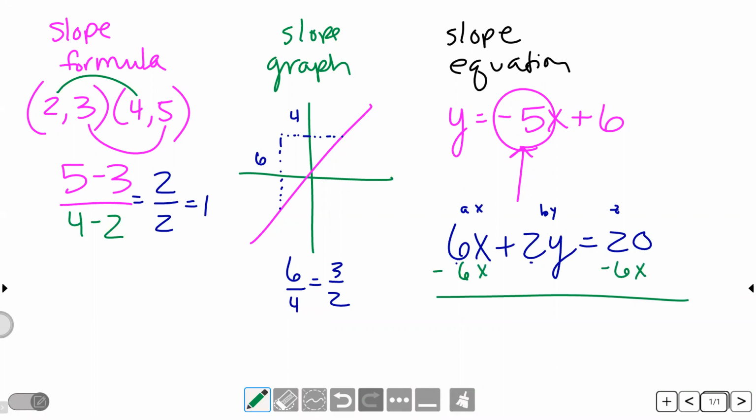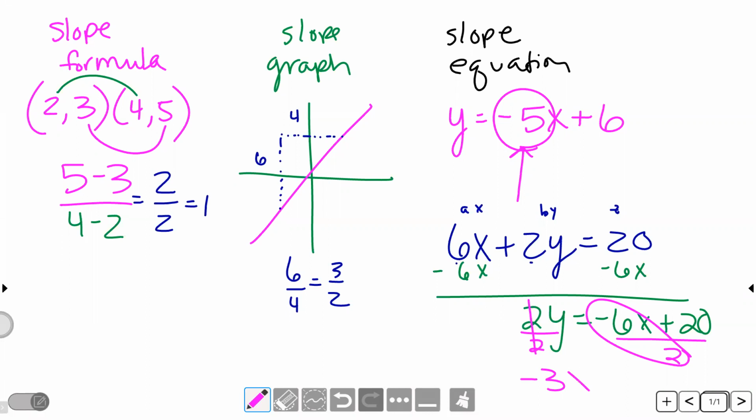So your new equation is 2y equals negative 6x plus 20. And then you have to divide everybody by 2. So those cancel. 6 divided by 2 is negative 3. 20 divided by 2 is positive 10. But who cares about that? Because the slope is right there.